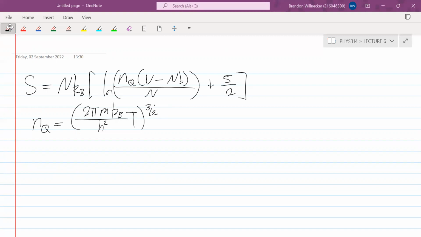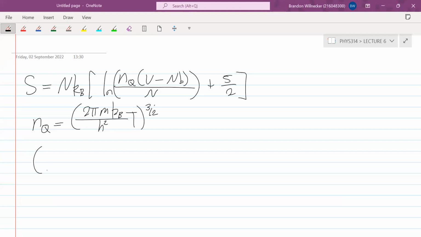The first thing we want to do is calculate the pressure. There's a number of ways to do that. You can find the free energy and then find the pressure from that, or you can use one of Maxwell's relations. Let's use one of Maxwell's relations. We've got entropy, we want to find pressure, so you look through the relations until you find the one involving those two.